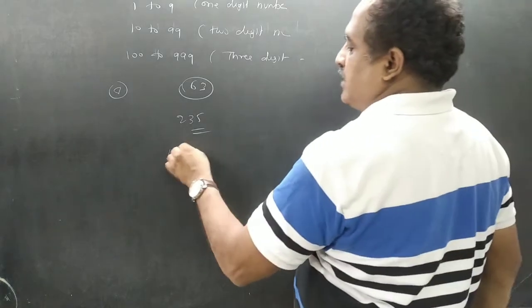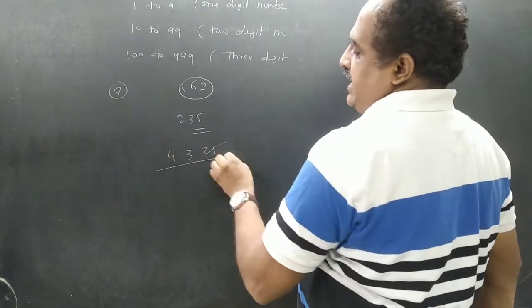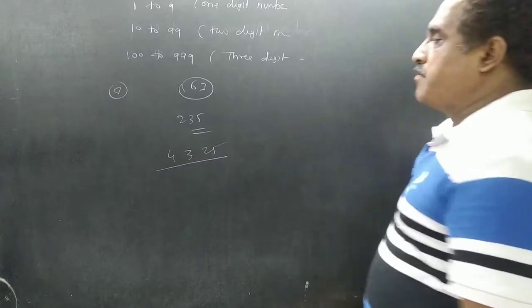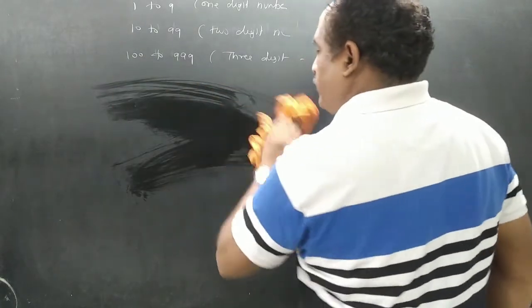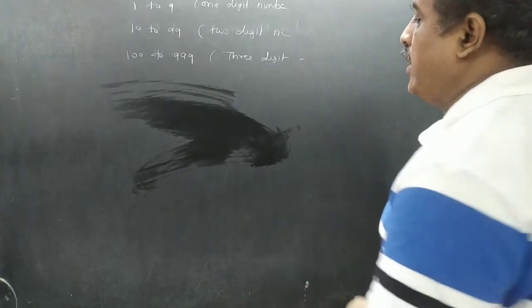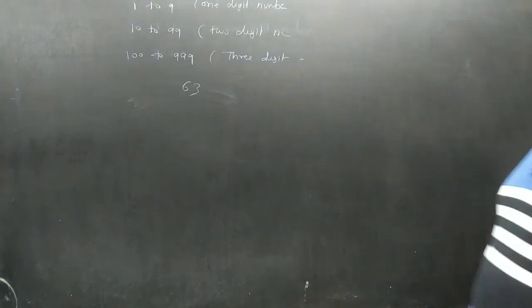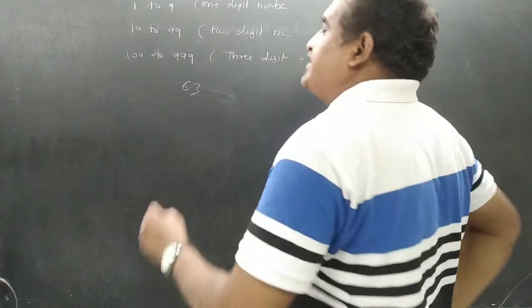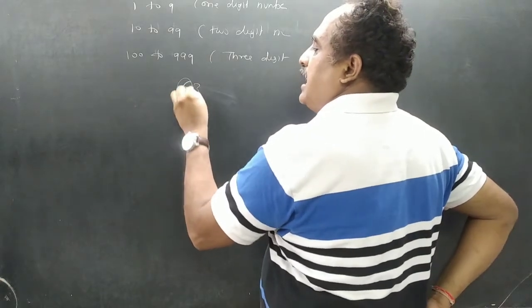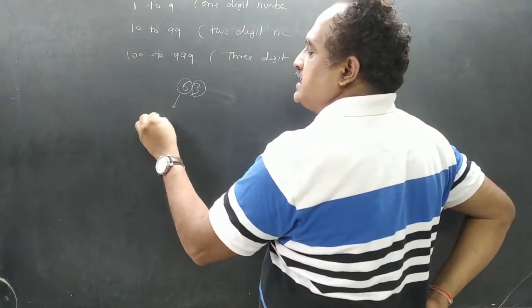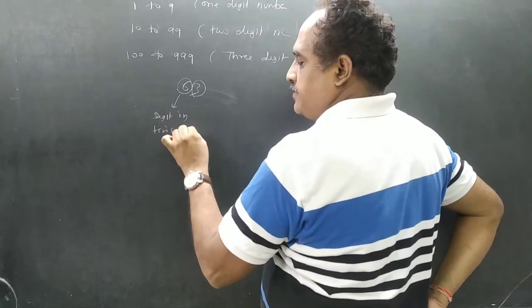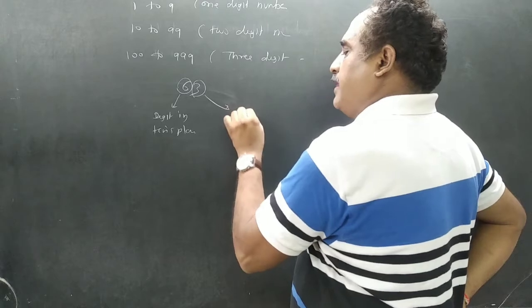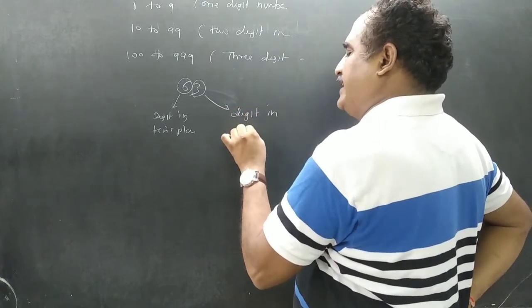Suppose 4325, it is a 4 digit number. But we have to think about 2 digit numbers only. Okay? In 63, the 6 is called the digit in tens place, and 3 is called the digit in units place.